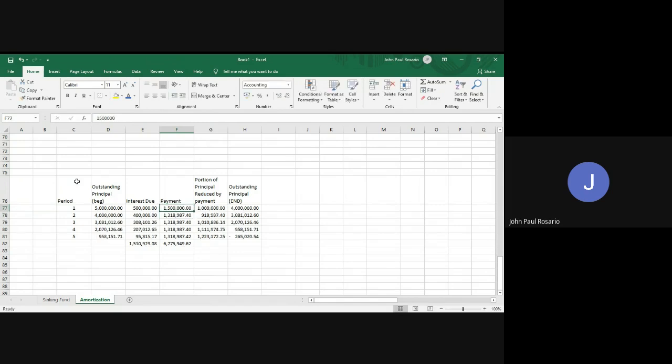Okay. So how much dayon dapat ang final payment para ma-zero akong outstanding liability. Now, akong final payment dayon would be our outstanding principal beginning, and then we will add the interest due.